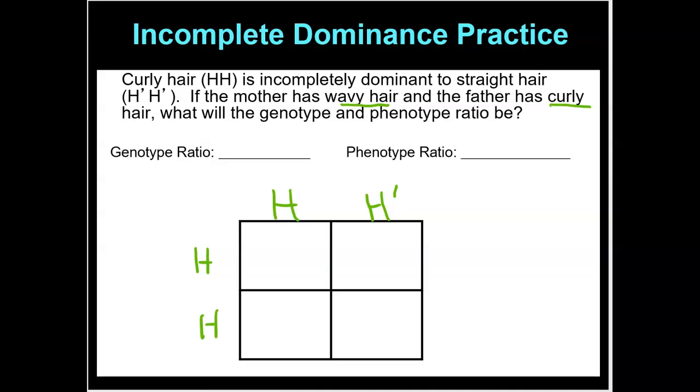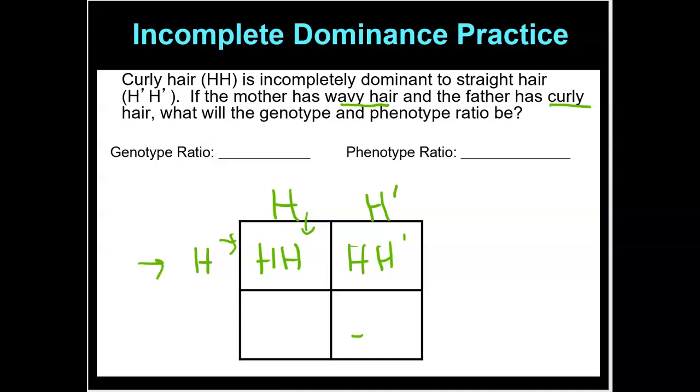So when we go ahead and cross mom and dad, this egg and the sperm give me two curlies. This one gives me a curly and a straight, so this baby will be wavy. This one, since it's the same thing, is going to give me two curlies, and this is going to give me a curly and a straight. And here, just like we were doing before, notice that I could have just done one and got exactly the same thing because our dad could only give us the curly allele, right?